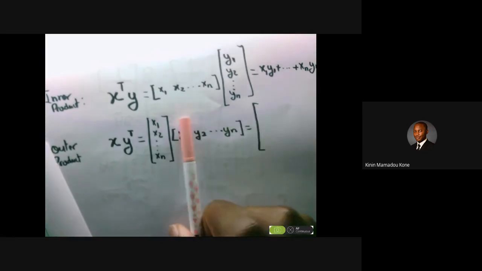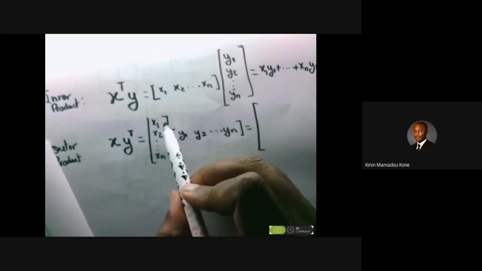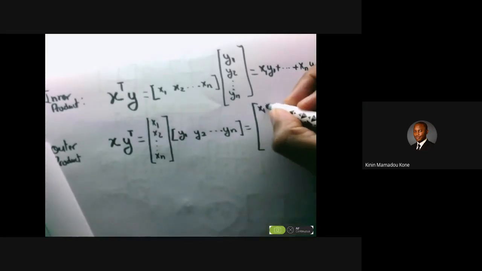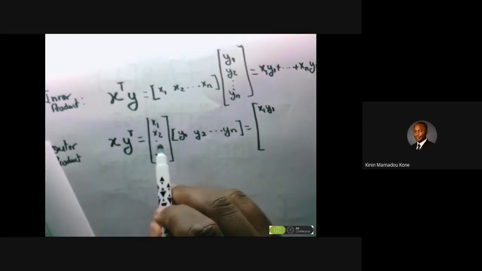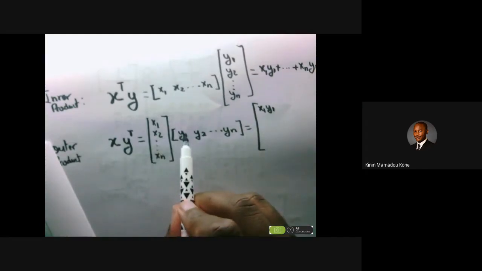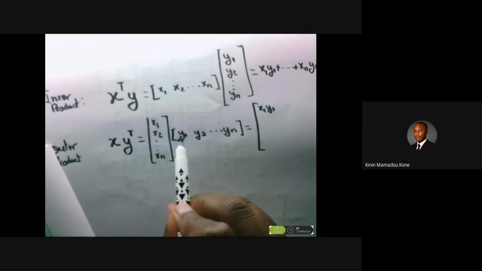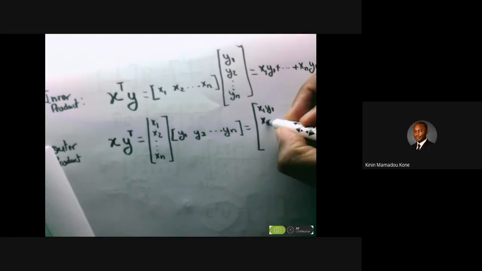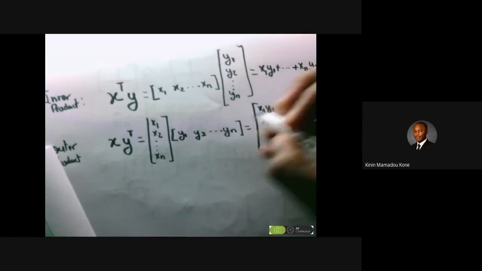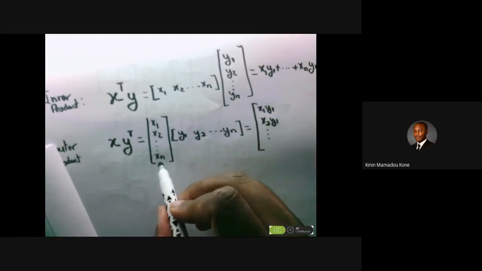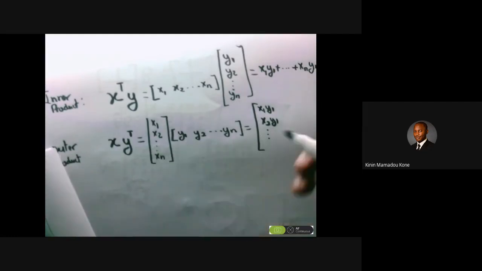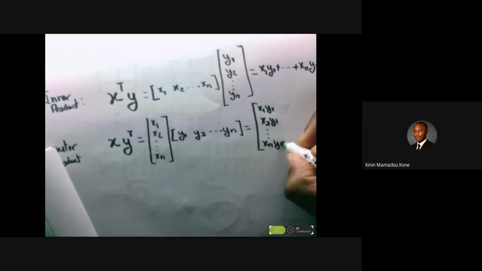So you fix this column first, multiply this row by this column, and you store it in that row. So that's going to be x1 y1. You take the second, you still fix that y1 over here, and then you multiply row 2 times this column over here. So x2 y1, all the way to xn y1.